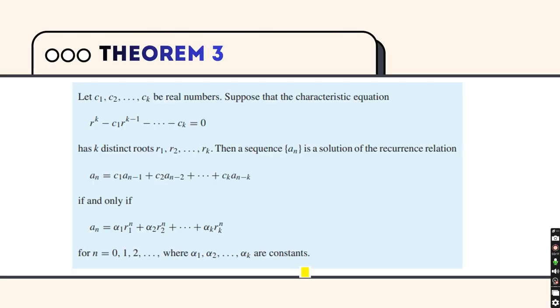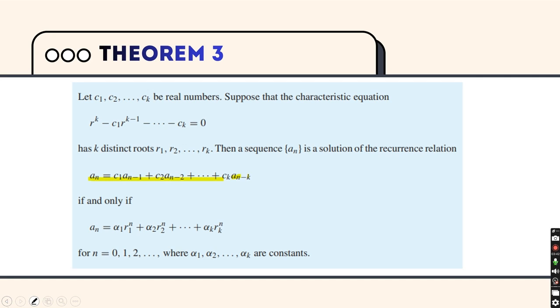And the next is we have the theorem 3. So we are studying recurrence relation of the form an is equals to c1 an minus 1 up to ck an minus k. So this is a linear homogeneous recurrence relation with constant coefficients. So this theorem tells us what the general formula or the closed form for the sequence looks like.